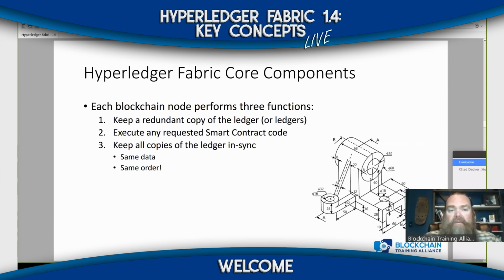Every node on a network like that was first keeping a copy of that ledger. They were keeping a redundant copy. The second thing they were doing is they were executing any smart contract code. So if a user called a function out of a smart contract, every node's going to go off and execute that function.